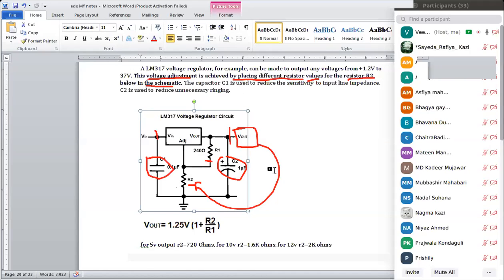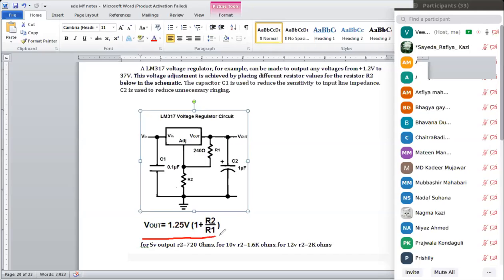Say, for example, the output of this circuit is going to be Vout equal to 1.25 volts, which is the first minimum step that we get, times 1 plus R2 by R1. So here it's a voltage dividing point that we give for the adjustable input.